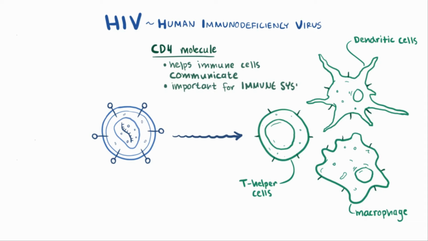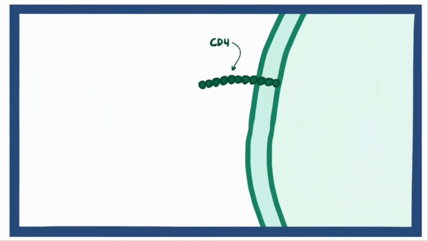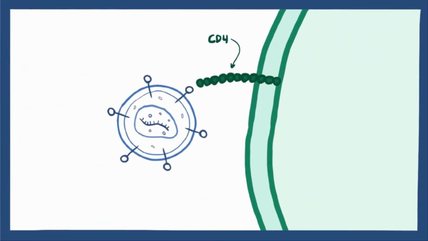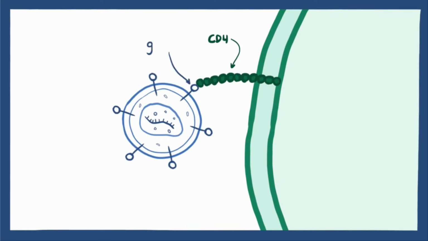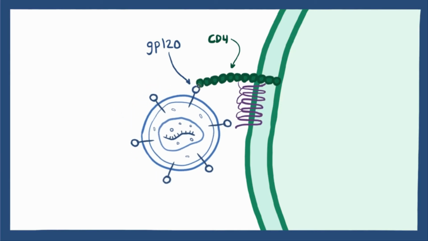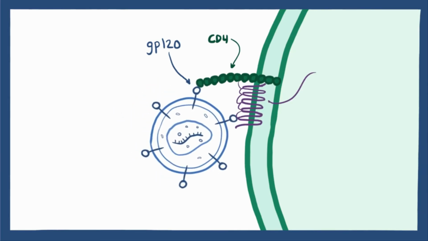So, this little molecule is pretty important for our immune systems, but it is also extremely important for HIV, which targets and attaches to the CD4 molecules via a protein called GP120 found on its envelope. HIV then again uses GP120 to attach to another receptor called a co-receptor.